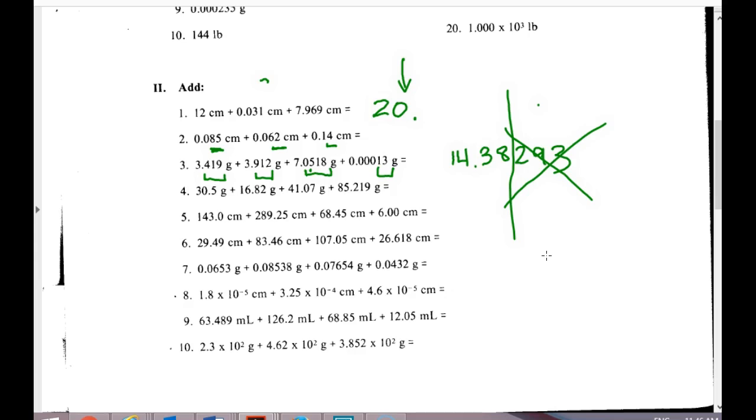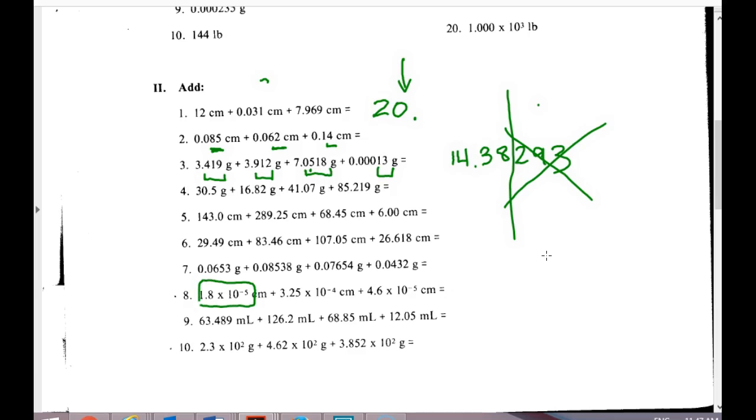Most of what is incorrect in the additional section, part 2, is not using significant figures. The exception to that is question number 8. You have translated these numbers into long form notation.